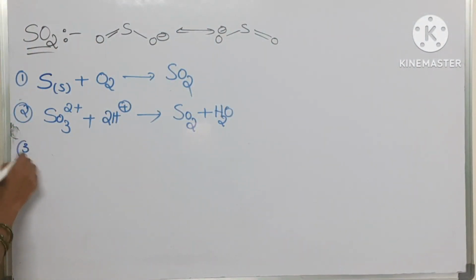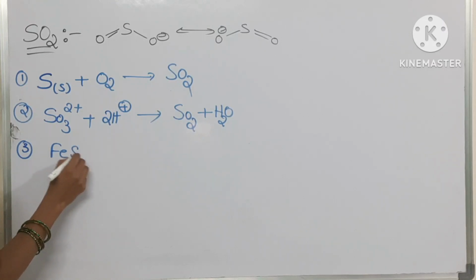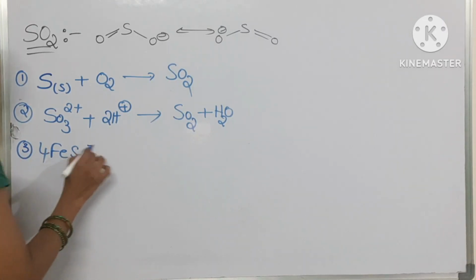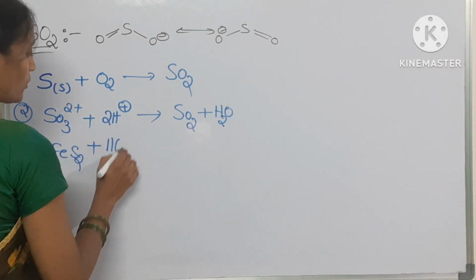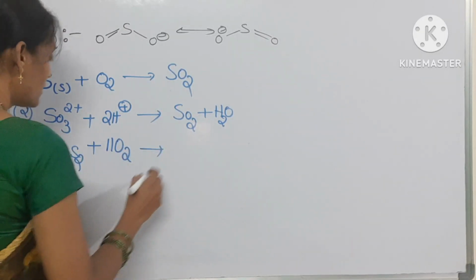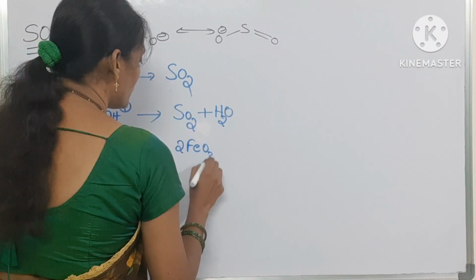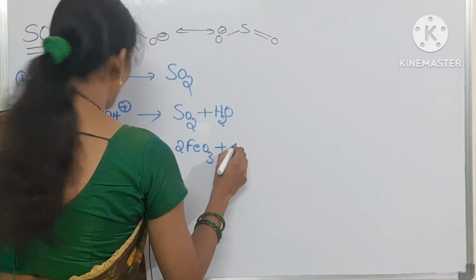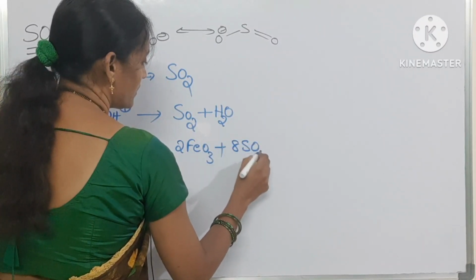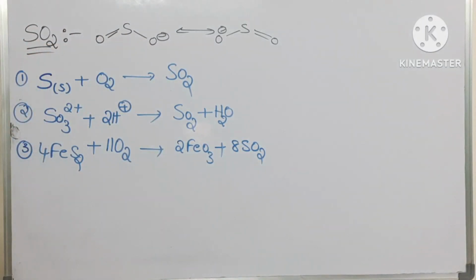Take 4 moles of FeS2, iron sulfide, and 11 moles of oxygen, then you will get 2 moles of Fe2O3, iron oxide, and 8 moles of sulfur dioxide. These are the three important preparation methods of sulfur dioxide.